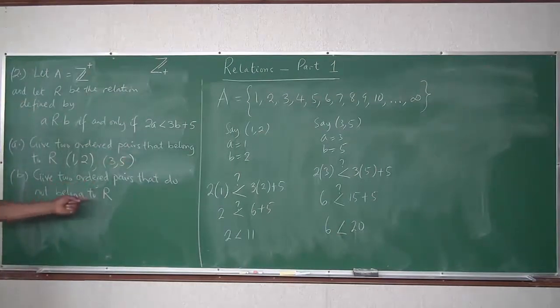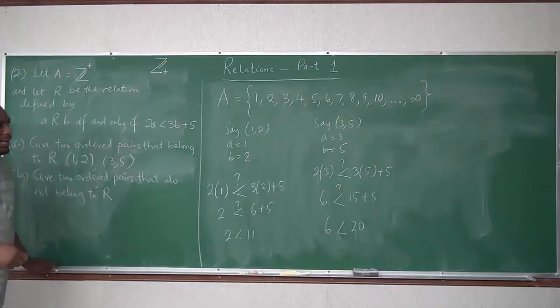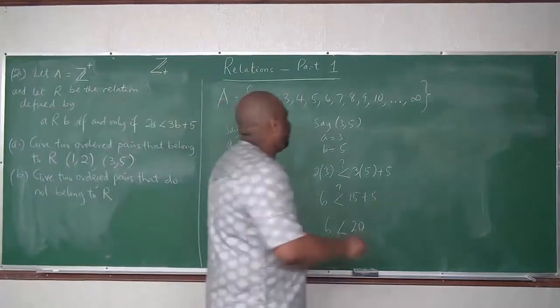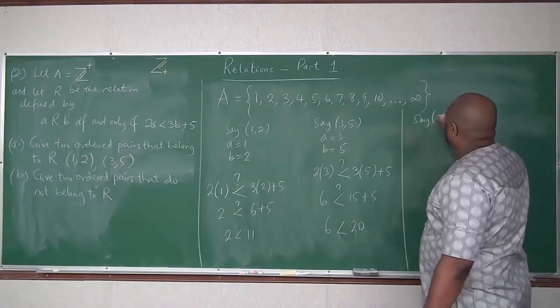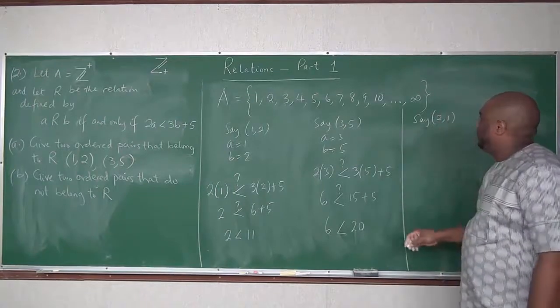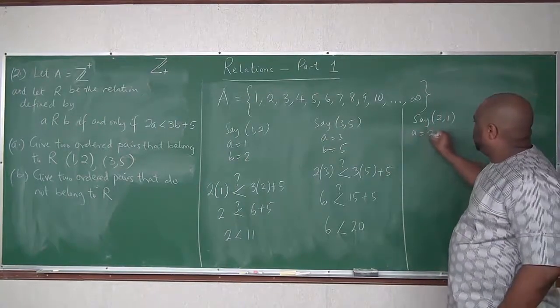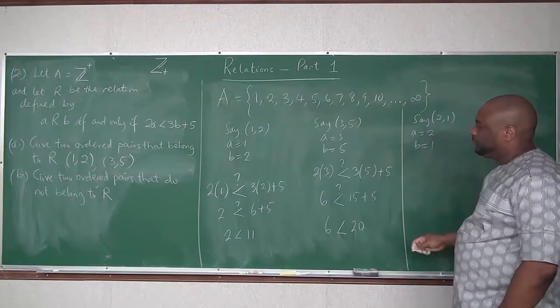And for the ones that do not belong, these ones belong, is so many that can belong to R. The ones that do not belong should be kind of reverse. Okay? Let's see. If I say I have 2 and 1. So in this case, A is 2 and B is 1.